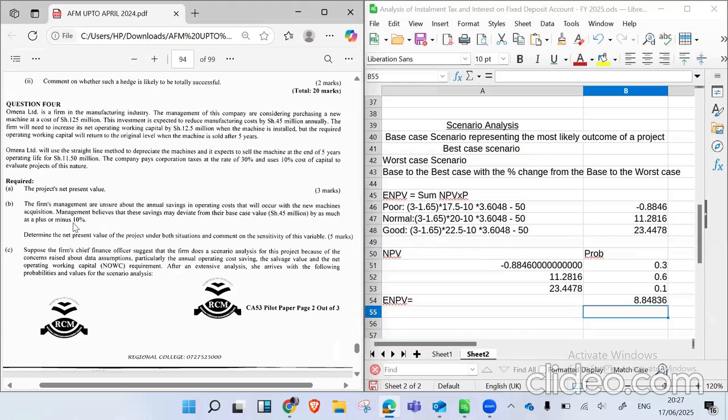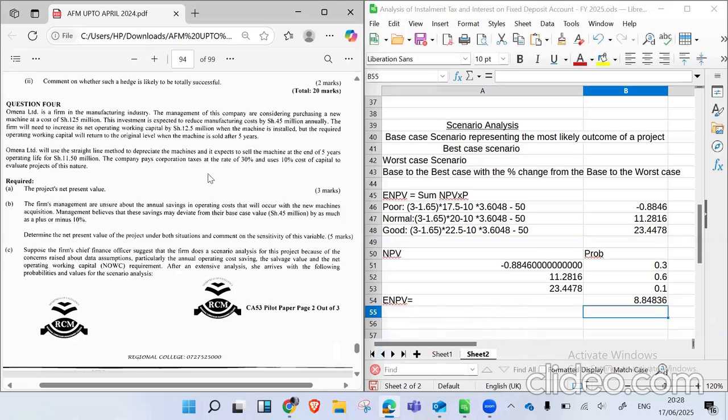Then we are told the firm's management are unsure about the annual savings in operating costs that will occur with the new machine's acquisition. Management believes that these savings may deviate from their best case value of 45 million by as much as a plus or minus 10%.